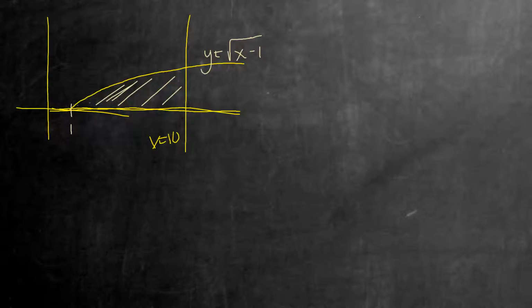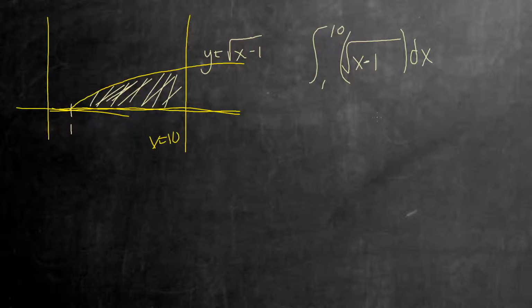The area is just going to be pretty much a straight up problem. The integral from 1 to 10 of the height, square root of x minus 1, dx. We're going to look at that as x minus 1 to the 1/2.